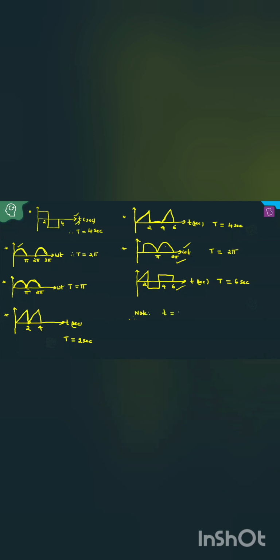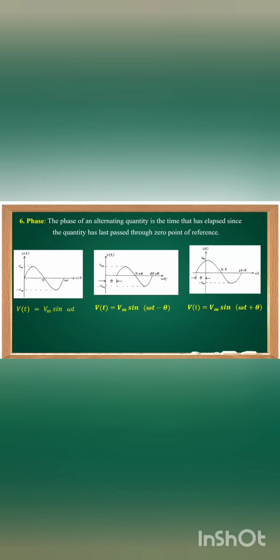I am replacing t by omega t. Then 1 equal to omega, omega equal to 2 pi f, then 1 by f equal to 2 pi. Then T equal to 2 pi. Replace the time period by 2 pi. If you replace t by omega t, you have to write time periods in terms of pi or 2 pi.